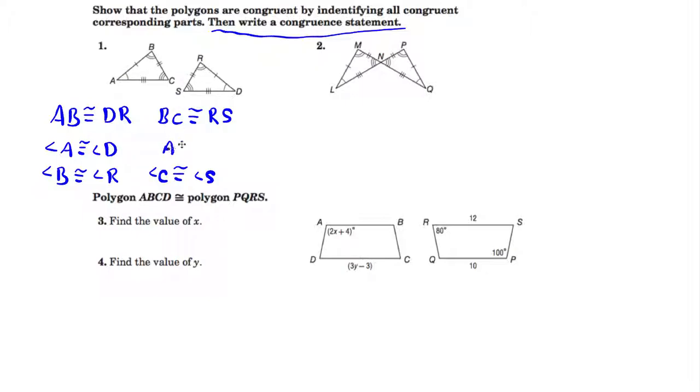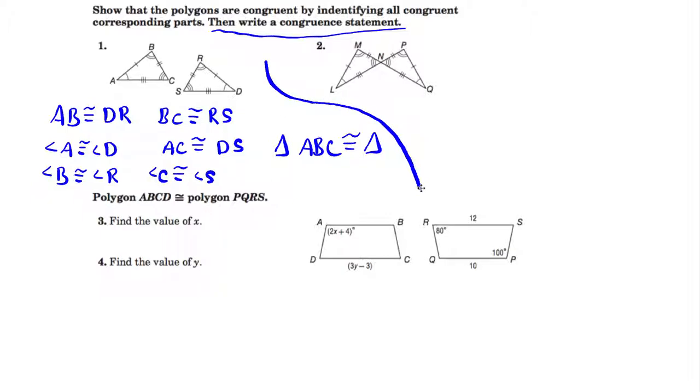And then we can also say that the remaining side is this AC. So AC is congruent to DS. So what would be our congruent statement? Well, you'd say that triangle ABC is congruent to, now I can't just say this in any order. I need to be careful and make sure that everything's in the corresponding part.